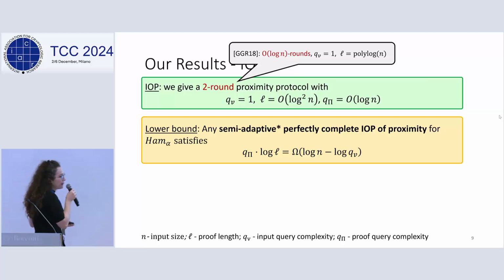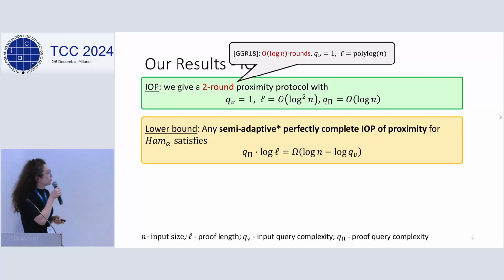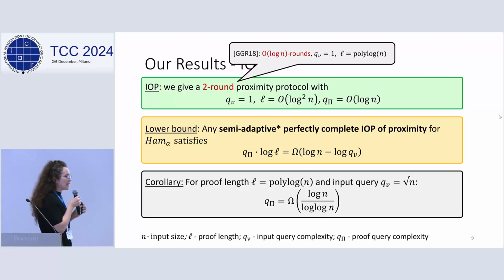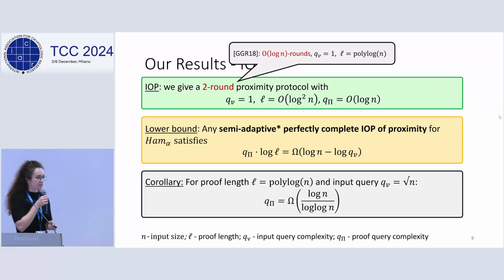And putting parameters into this bound, we get that if the communication complexity is polylog n, and the verifier reads square root n bits from the input, then the verifier still needs to read just below log n bits from the prover messages.